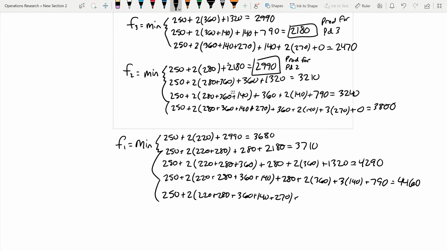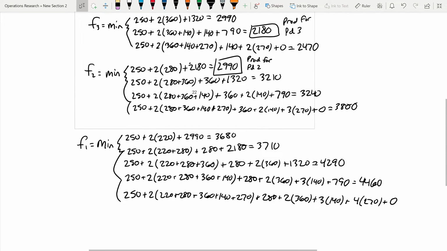Then we add on 280 plus 2 times 360 plus 3 times 140 plus 4 times 270 plus F sub 6, which is just 0. That's going to equal 5290. And amongst these 5 options here, our lowest is going to be 3680, which is our production for period 1.